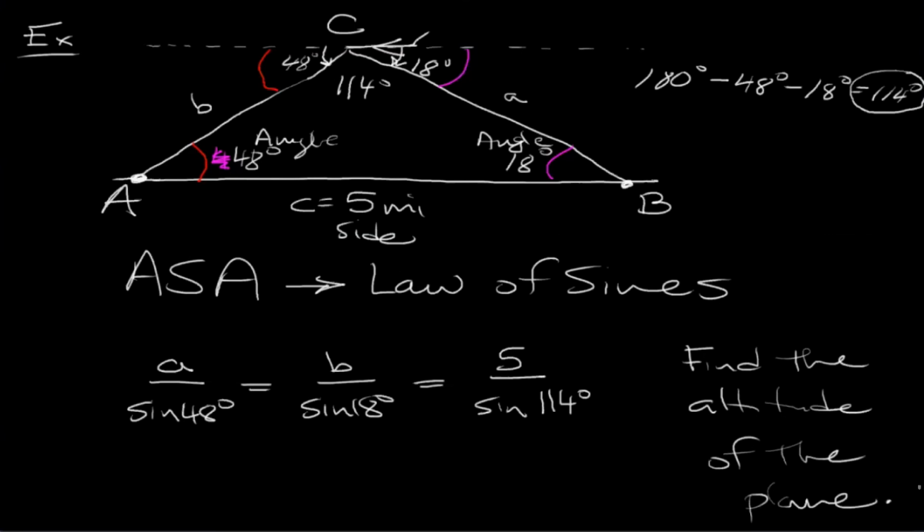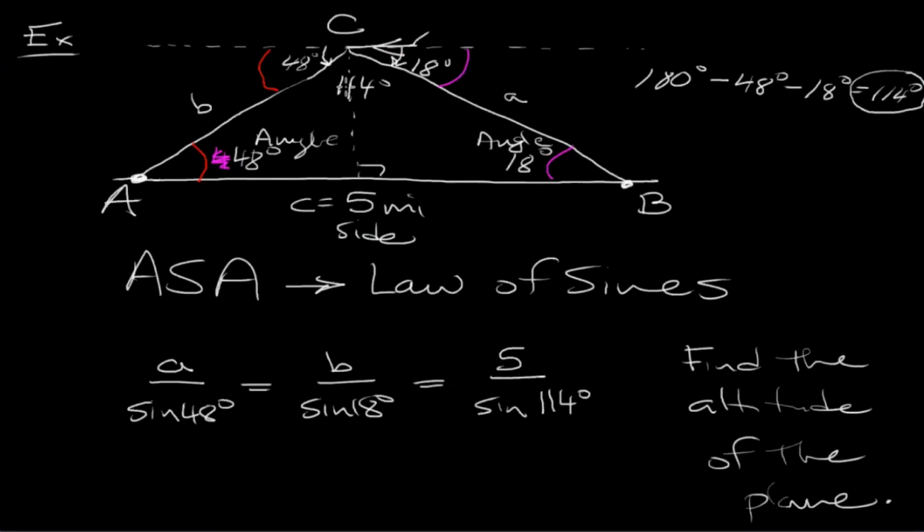I'm asking how tall is that right there? But the problem is, I don't know how long this edge is, and I don't know how long this edge is. But if I can find one of these edges, then I have a right triangle with a side length, and I can find the altitude.